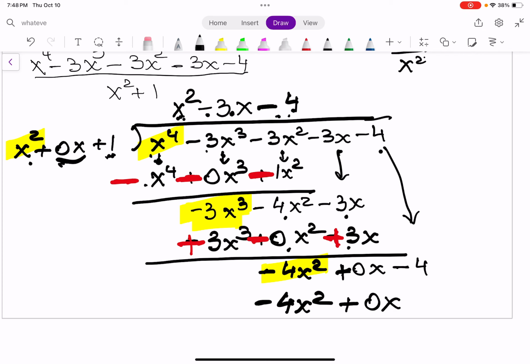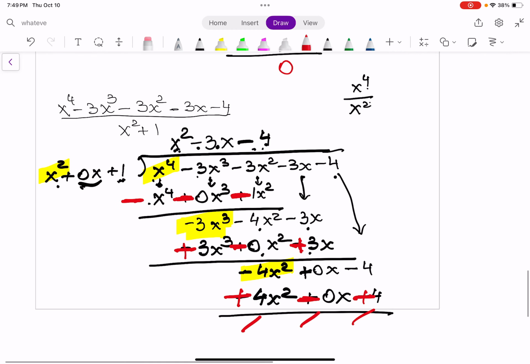And negative 4 times 1 is negative 4. And when we subtract these, as you see, that's gone, that's 0, and that's 0. So now at the very end, when we're done and have nothing else to bring down, yes, 0x squared, yes, 0x, yes, 0, but all that is just the 0 remainder.